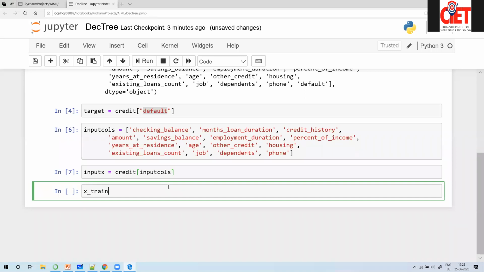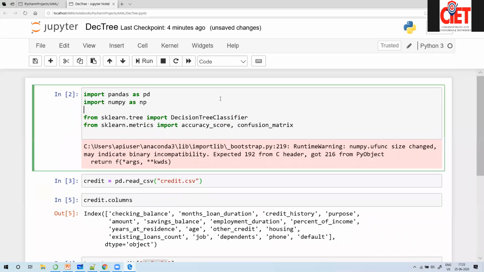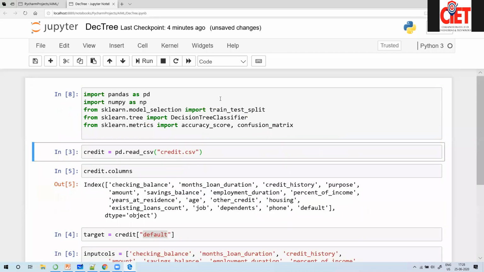X_train, X_test, Y_train, Y_test is equal to train_test_split. We did not call it. From sklearn.model_selection, import train_test_split.